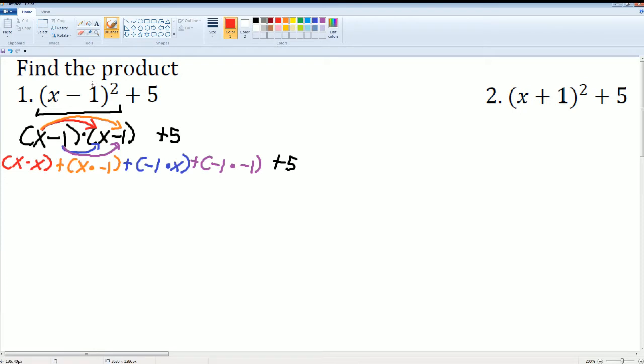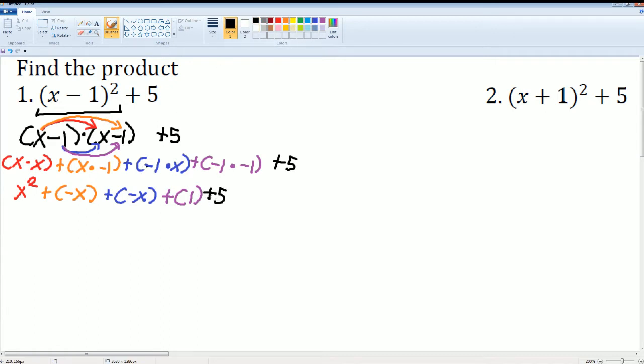x times x is x squared. Plus negative 1 times x is negative x. Negative 1 times x is again negative x. Negative 1 times negative 1 is positive 1, and bring down the plus 5 like always.